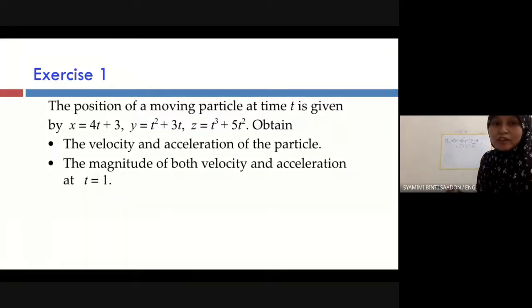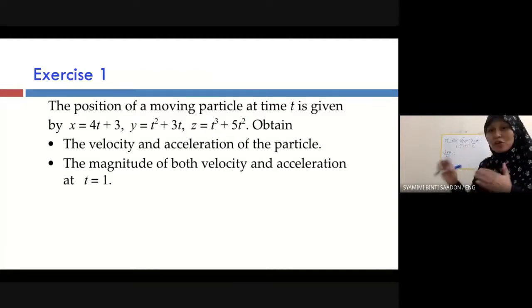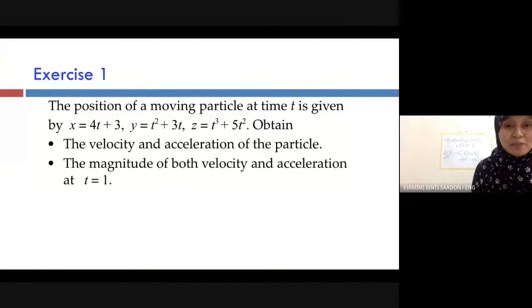The velocity is the derivative of r with respect to t. We have to differentiate each component x, y, z. The first is 4 for i. The second is 2t plus 3 for j. And the last, the k component, is 3t square plus 10t. Very simple, just an example to refresh.